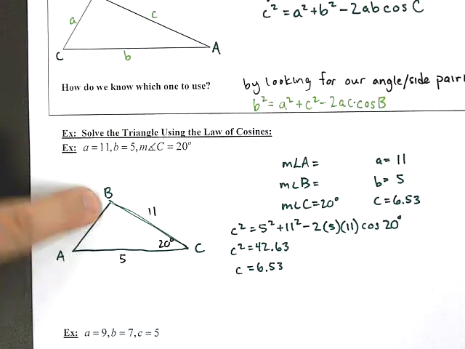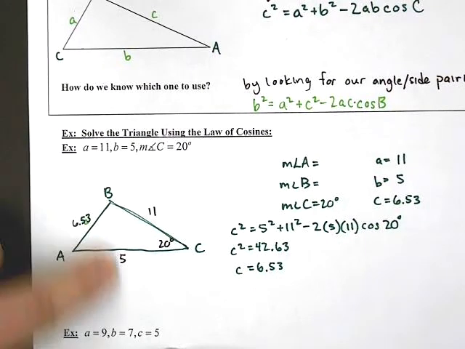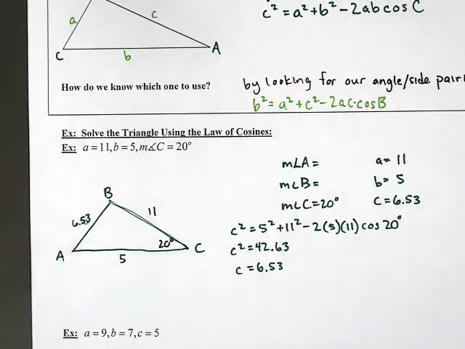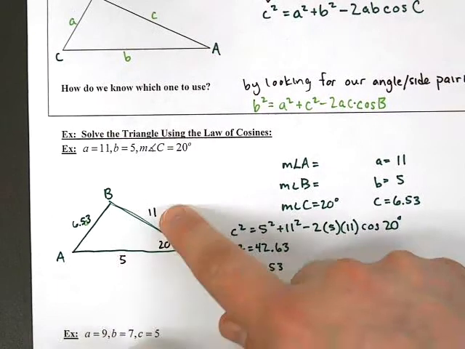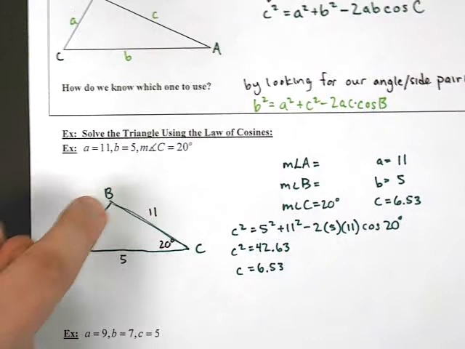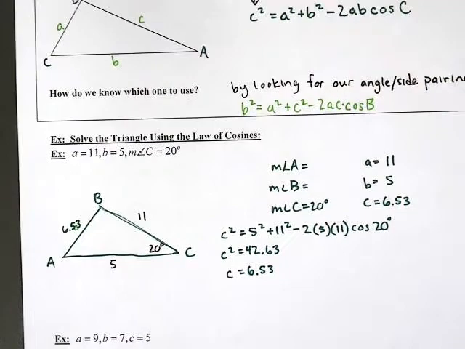Hopefully you said angle B. Again, if we remember about triangles, smallest side across from smallest angle, middle side across from middle angle, etc. So I know that because 5 is less than 11, B is going to be smaller than A, which means I need to get angle B first. And that's what we're going to do now.